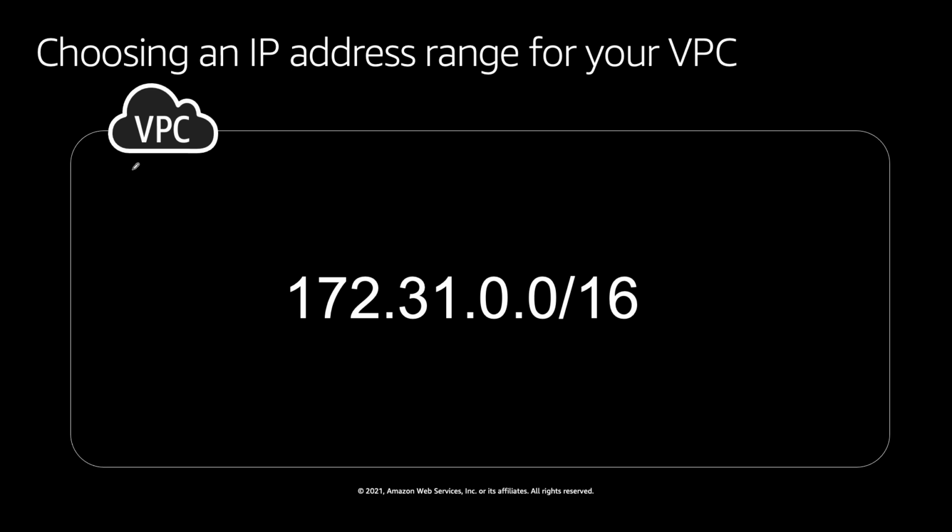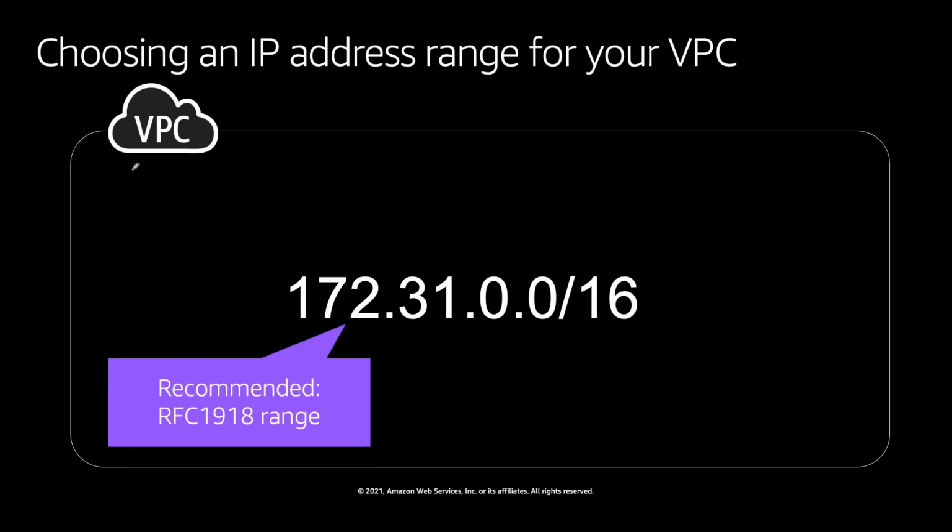So this is not a random IP address. This IP address is taken from the RFC 1918. So there are many different ranges like this which are mentioned in this RFC. You may like to explore this whenever your time permits on the internet. But basically this is a private IP, and what that says is this IP you will not find on the internet. So you can easily use this within your private VPC, so there won't be any IP clash.